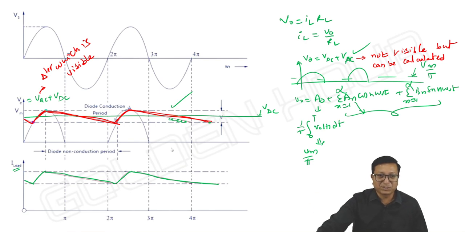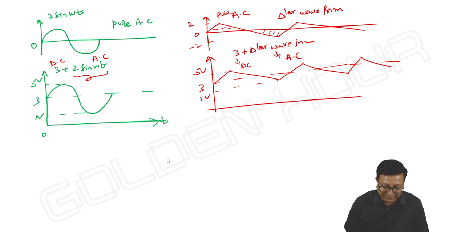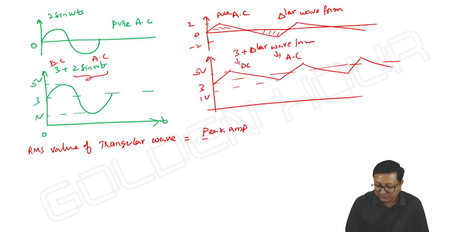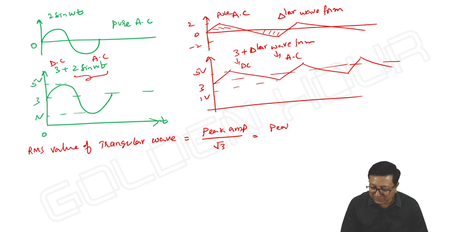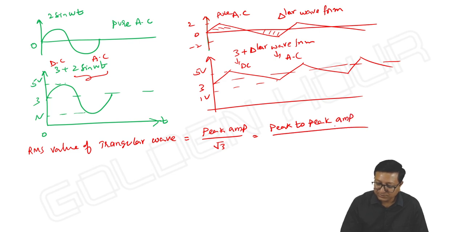And a few more things I would like to use in this analysis: the RMS value of a triangular wave is peak amplitude by root 3, or otherwise peak to peak amplitude by 2 root 3. Please do observe this.